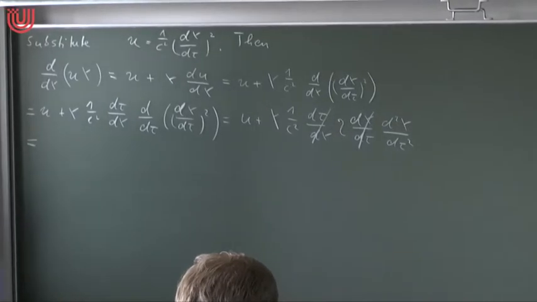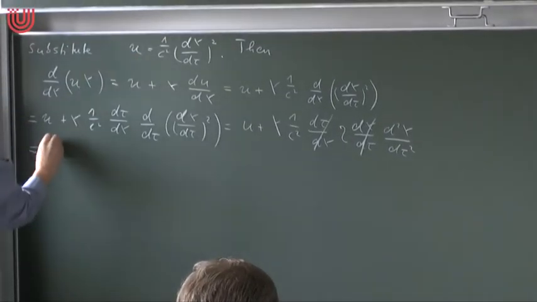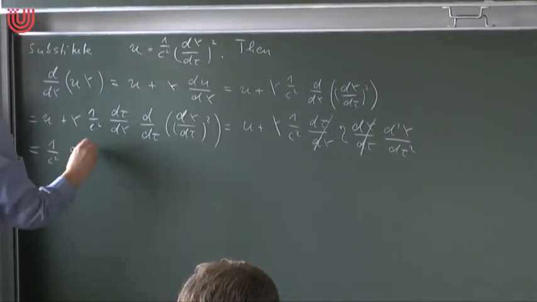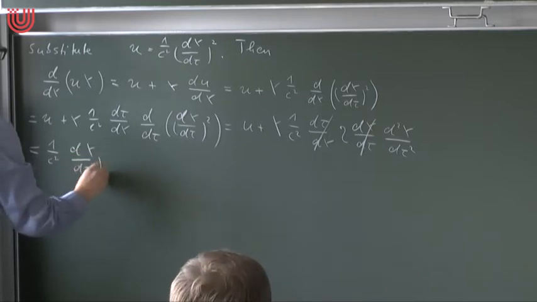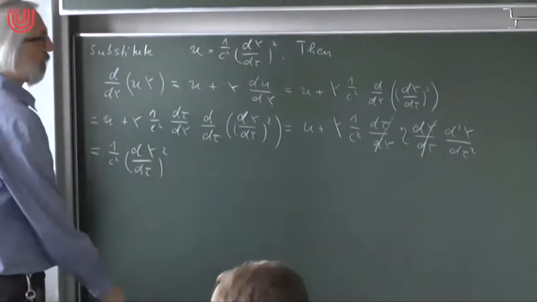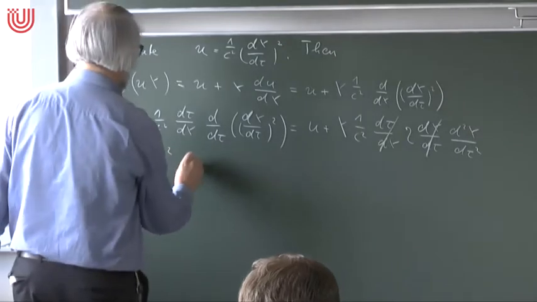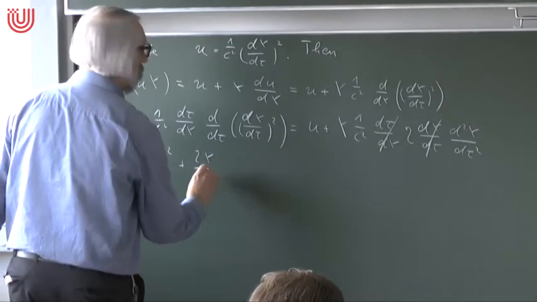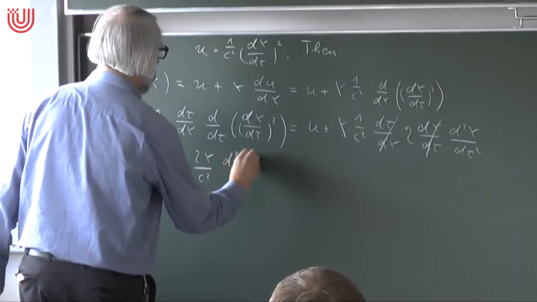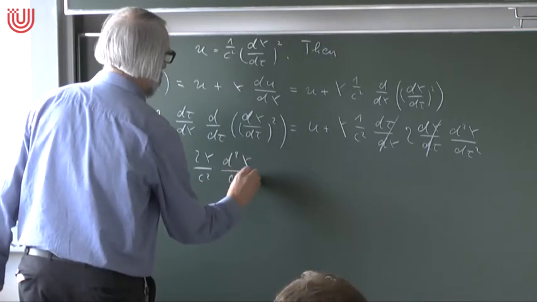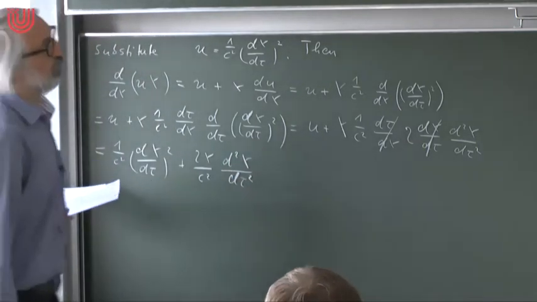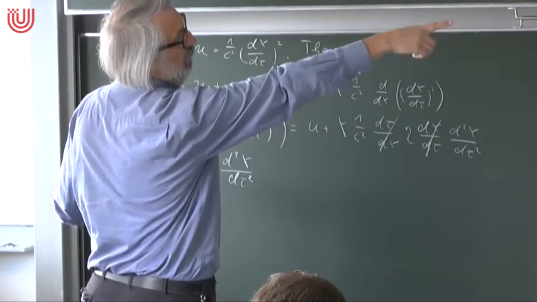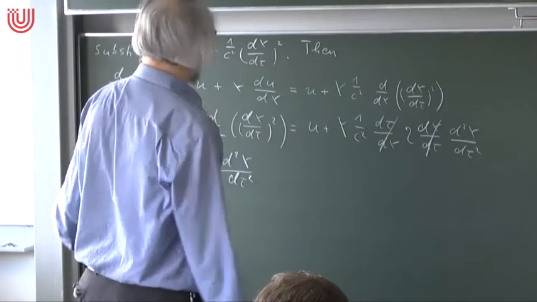I should now resubstitute the u. U was 1 over c squared (dy by d tau) squared plus 2y over c squared second derivative of y, and hopefully that's exactly the right hand side of this equation we want to solve.